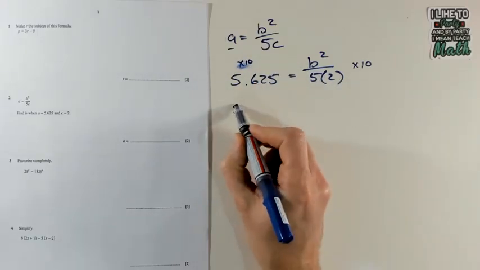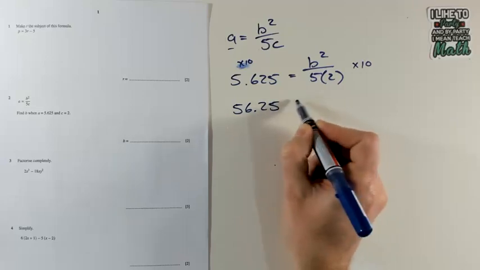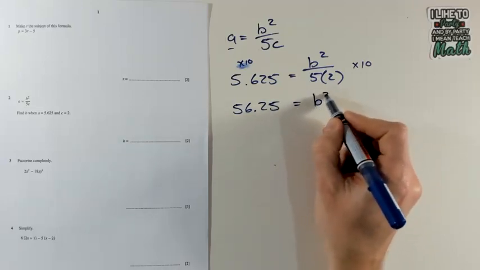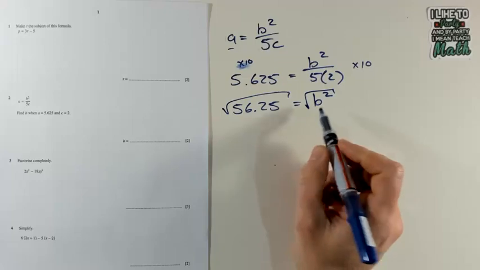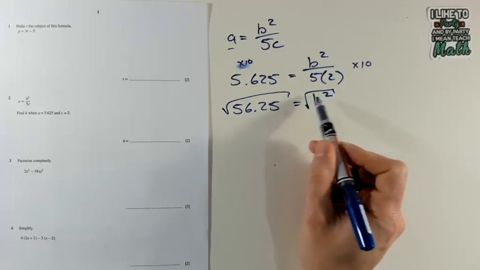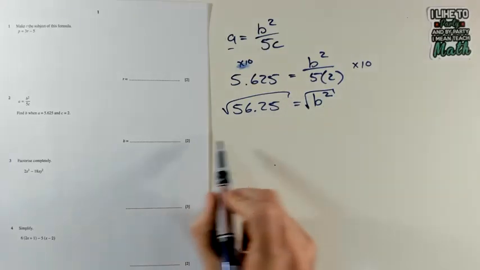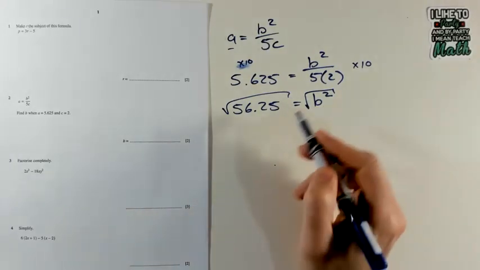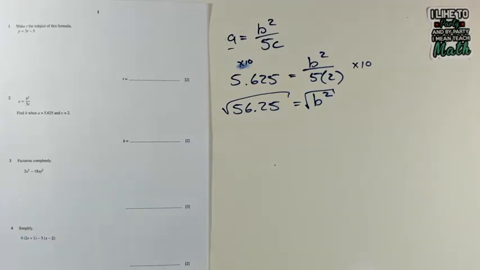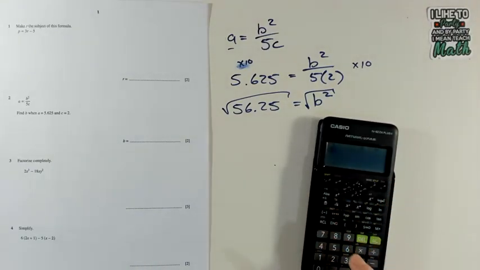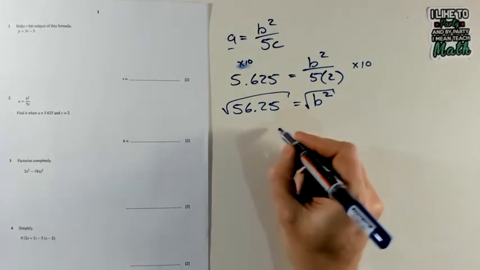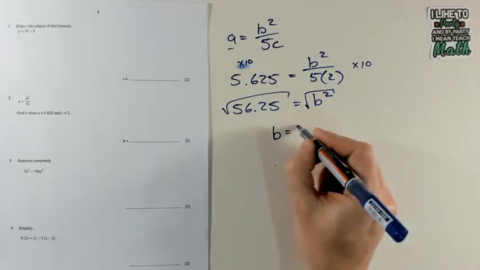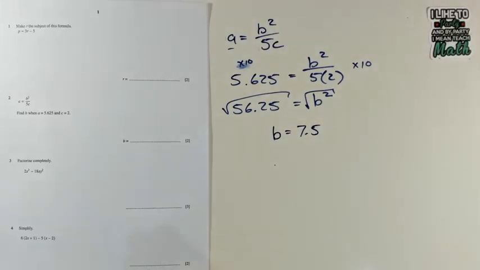I'll be left with 6.25 is equal to B squared. To get my answer, I'm just going to take the square root. Yes, I'd probably have two answers here, but I think they just want one B, so I'm going to go with a positive answer in this case. So the square root of 6.25. I feel I should know this out of my head. Not really. 7.5. Okay, so B is equal to 7.5.